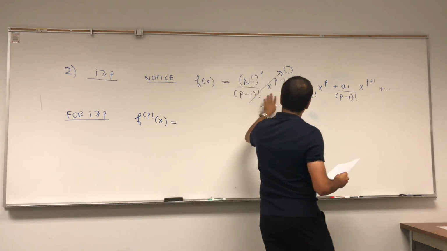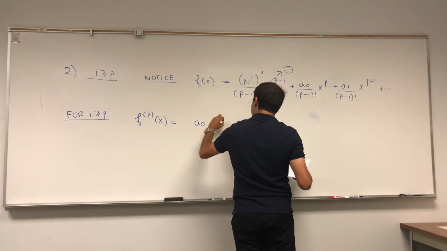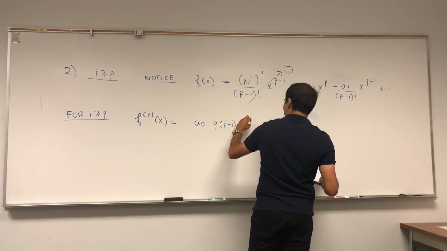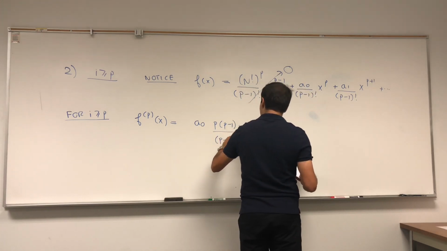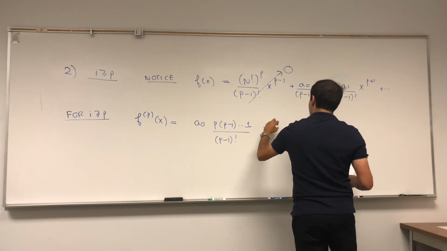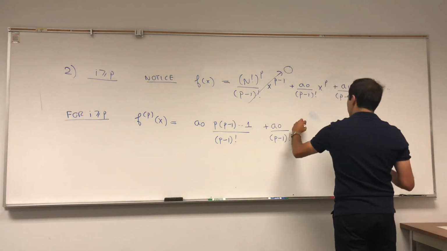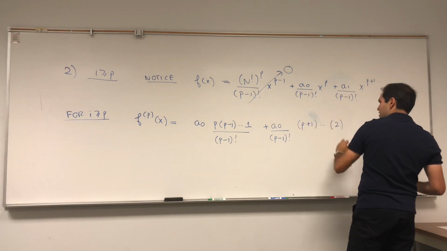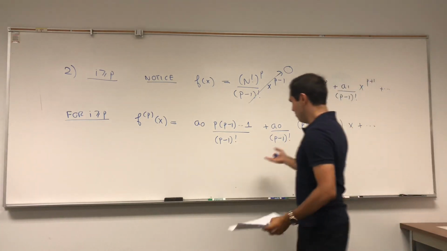First of all, the lower term disappears, and then we get a0 times p times p minus 1 times 1 over p minus 1 factorial, plus a1 over p minus 1 factorial times (p plus 1) times p times x, plus so on.